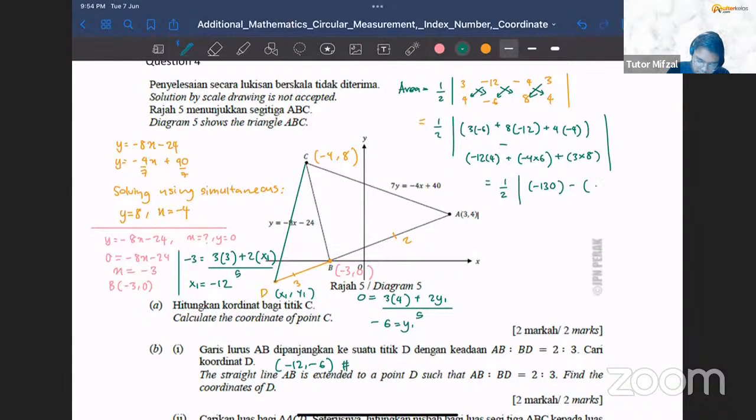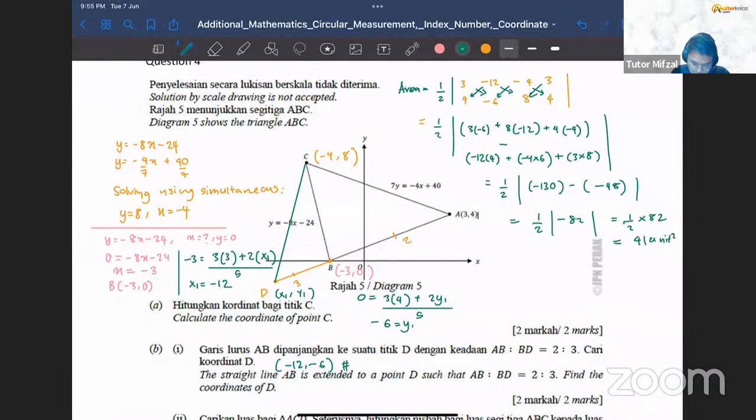So this is -48. So -130 plus 48 is -82, 1/2 multiplied by 82, so you should get 41. Okay, did you get 41 unit square?